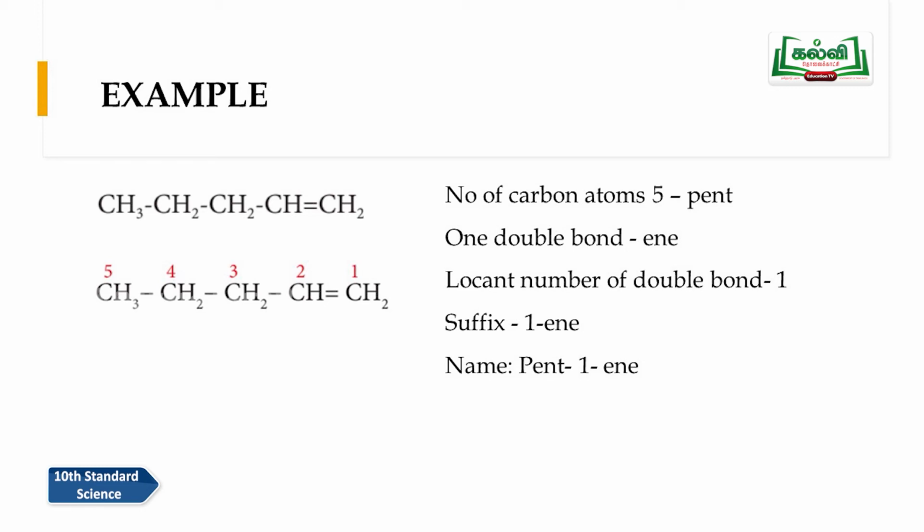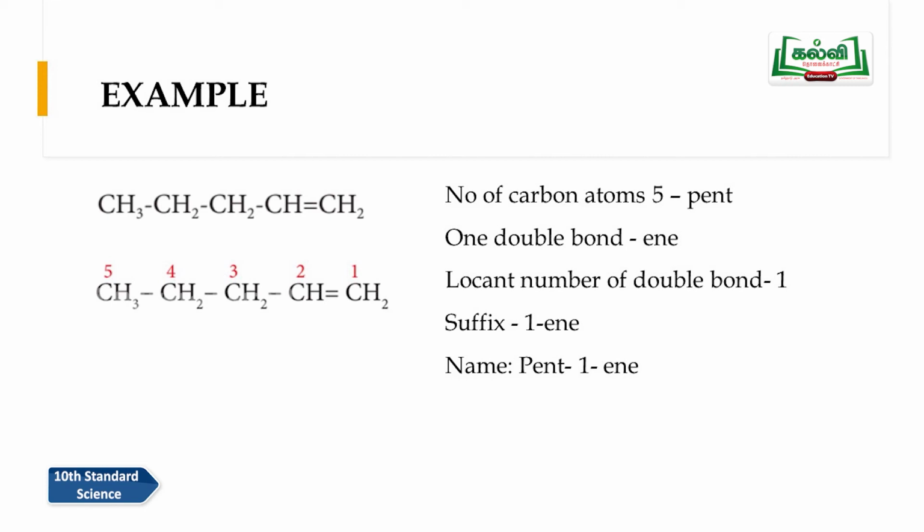Total number of carbon atoms is 5. Therefore, it should be pent. What about the nature of the bonding? 1 double bond is present. Therefore, we have to give ene. The suffix will be ene. And what is the locant number for this double bond? It is present between 1 and 2. Therefore, the locant number will be 1.